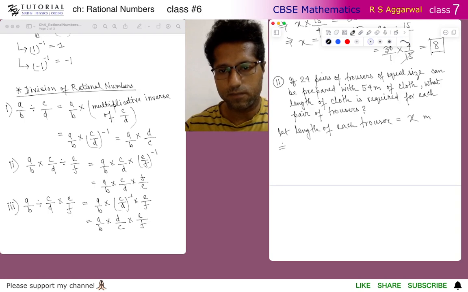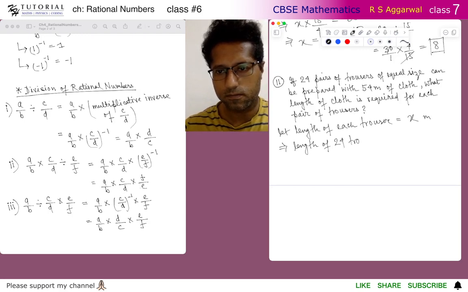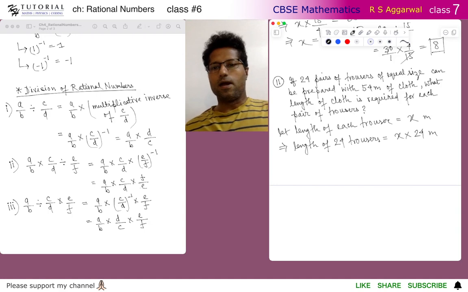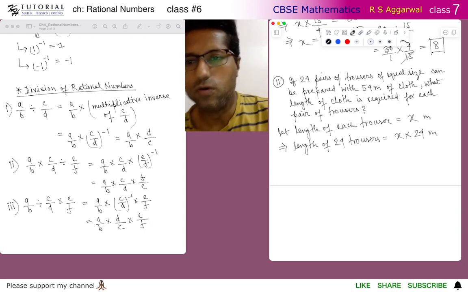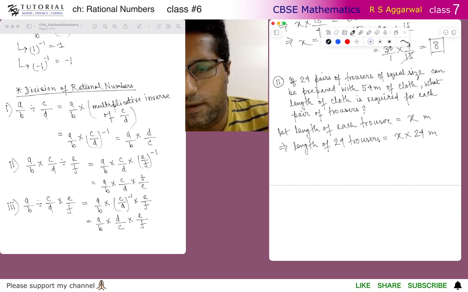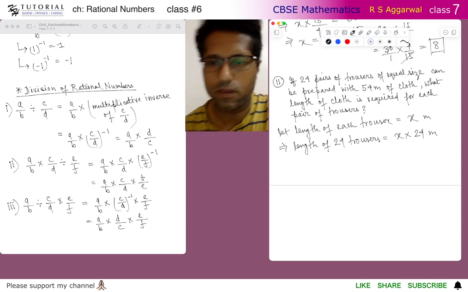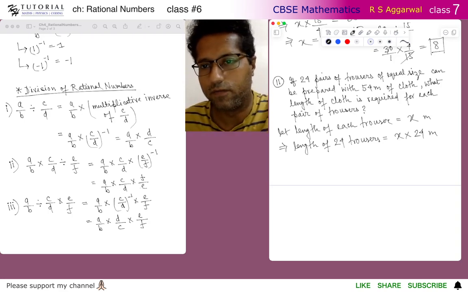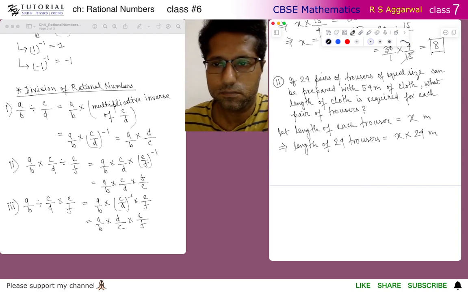This implies length of 24 trousers is x multiplied by 24 meter, and this should be equal to 54, because the problem says that 24 pairs of equal size trousers can be prepared from 54 meter of cloth.